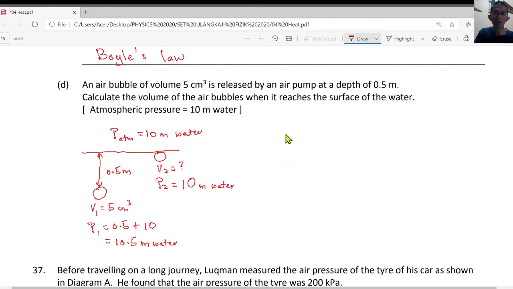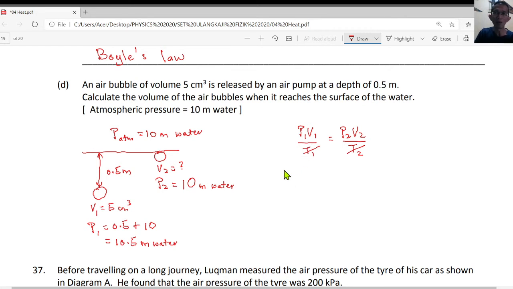Alright, next I am going to apply the universal gas law equation: P1 V1 over T1 equals P2 V2 over T2. In this problem I don't have any temperature, so we assume the temperature to be constant, and we can cancel the temperature out. Next, we substitute the P's and the V's into our equation.